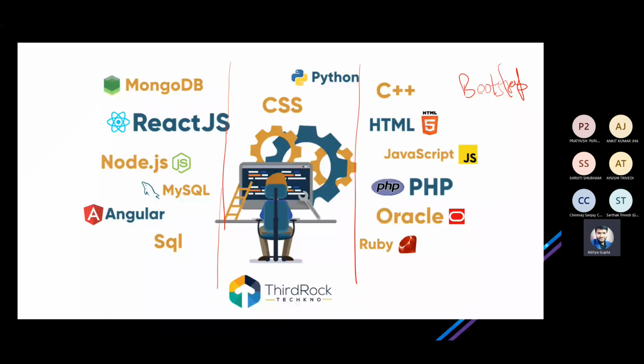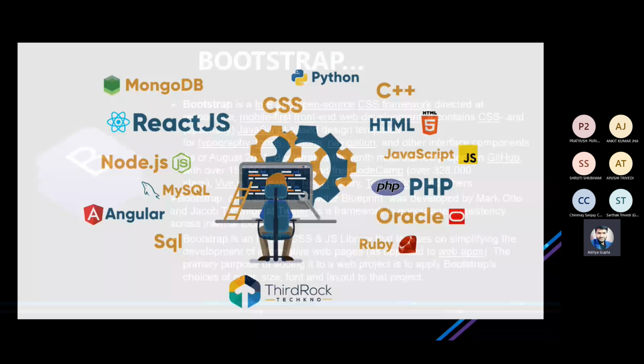Your answer is, of course, the front end. Bootstrap is considered a front end framework. It's nothing like a big word, a framework. It's just a way to make websites look better and be more responsive. So it always comes into your front end part, just make note of it.